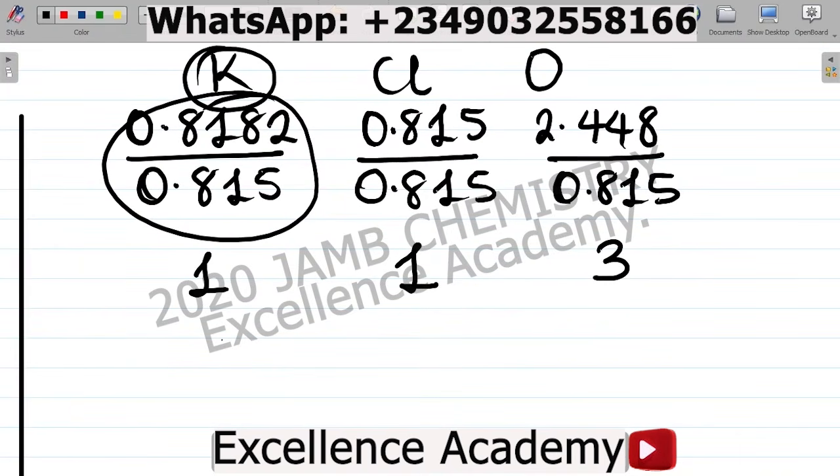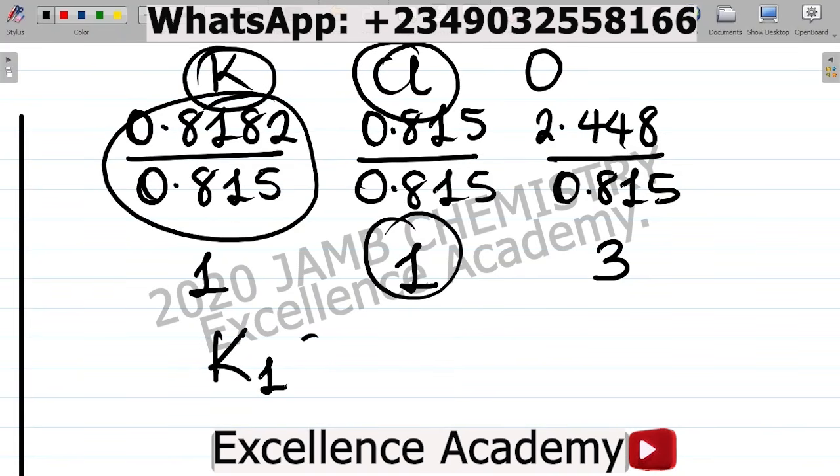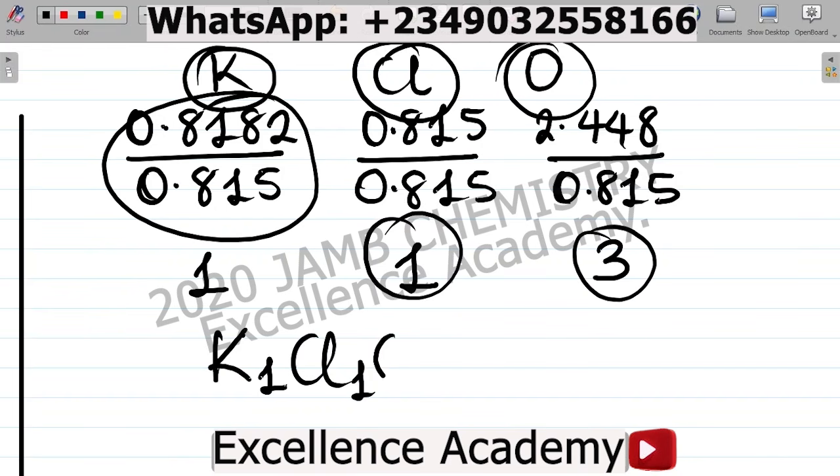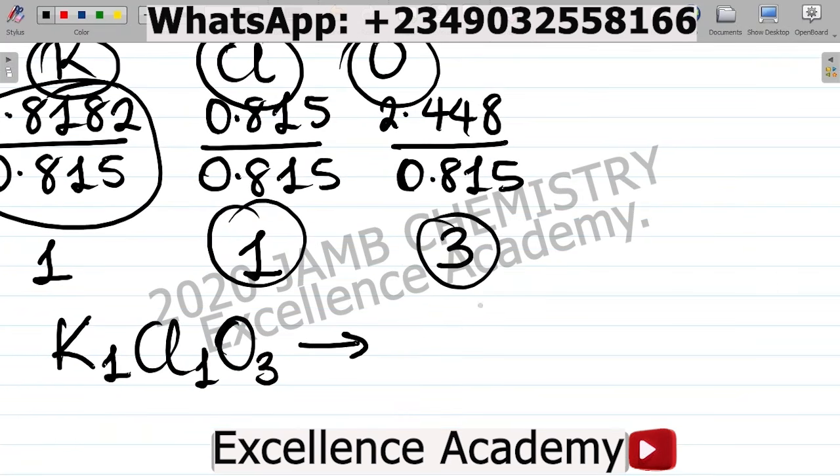So potassium, you have K. For potassium, the value there is 1. Next up, you have chlorine, also 1. So Cl, you have 1. Oxygen, you have 3. So you have O3. Let's combine this. If I combine this it becomes K, then ClO3.